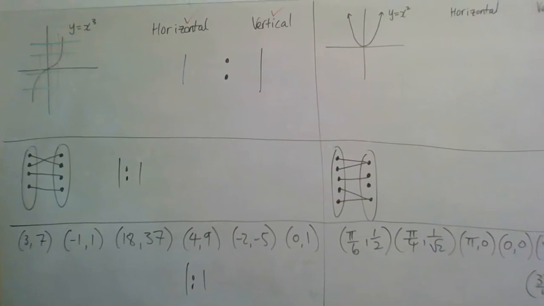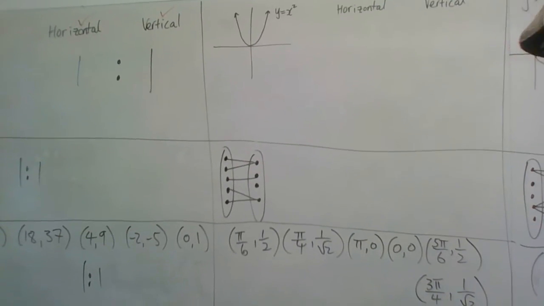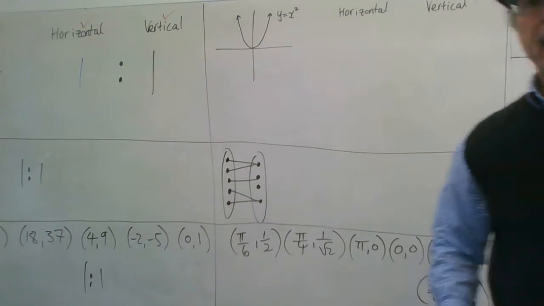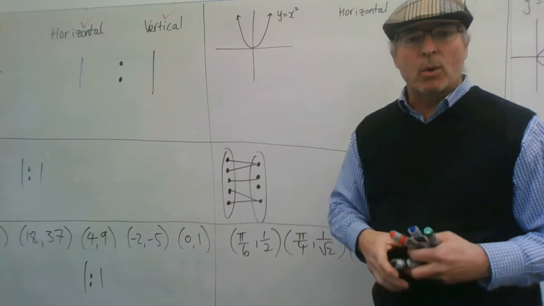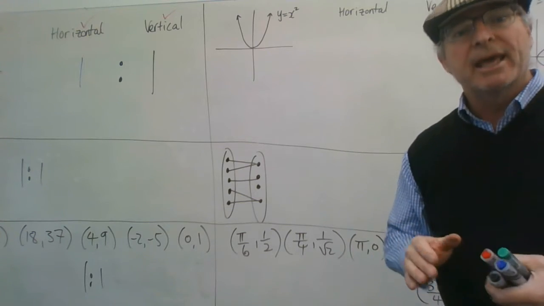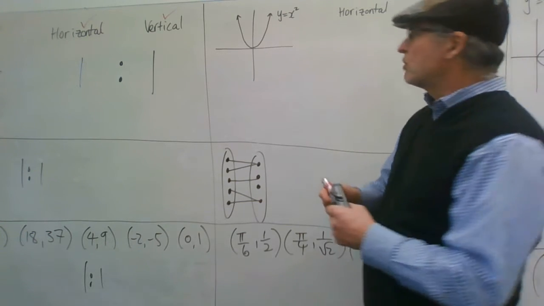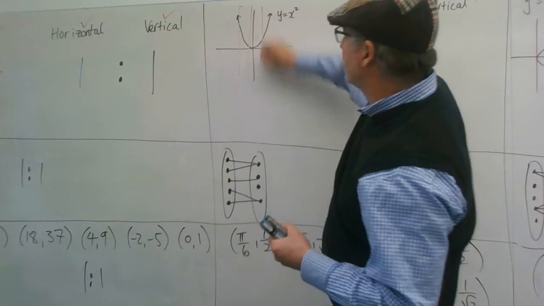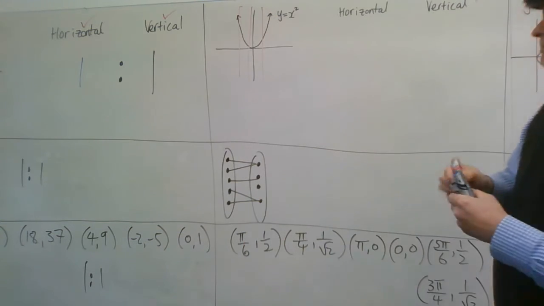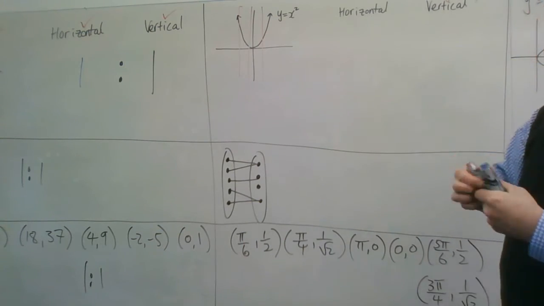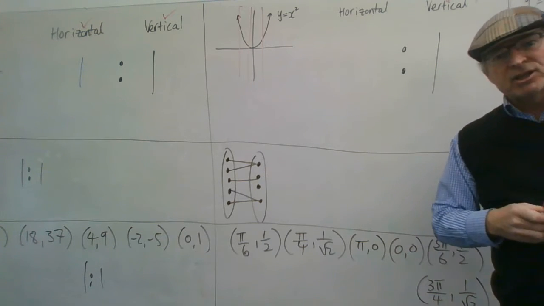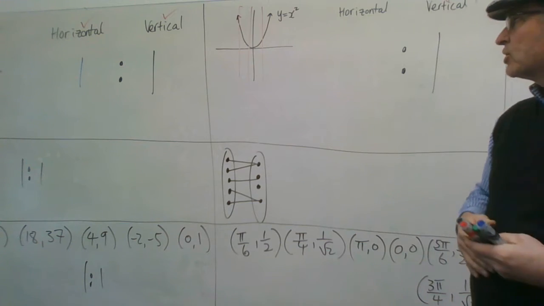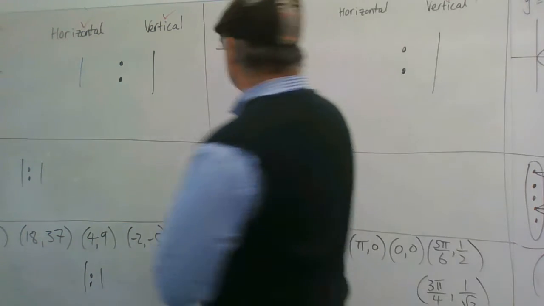Now, if we move along a little bit, we could talk here about the graph of y equals x squared. Once again, I can determine if it's a function or not straight away by the vertical line test. It passes the vertical line test, so that means it's to 1. It's a function. Anything to 1 is a function. What about the horizontal line test?